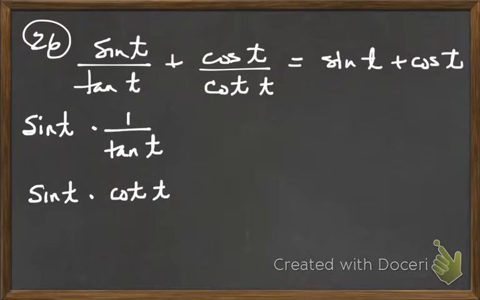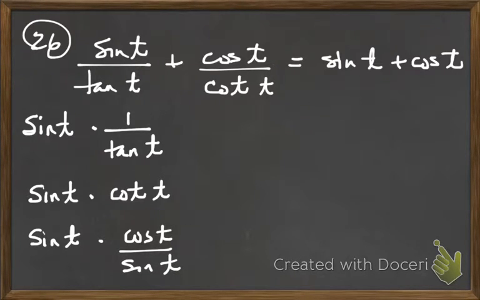And some of you might even skip that step and in your head go, hey, that's 1 over tan, which is really cotan, and cotan is really cosine over sine. So I can't really say there has to be X amount of steps because I know some of you will do part of that in your head.